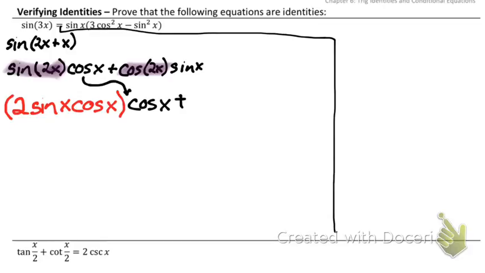So we are going to have 3 times sine x cosine squared x minus sine cubed x. So all I did is I took the sine x, sine squared x, sine cubed x, because it'd be sine x times sine squared x.